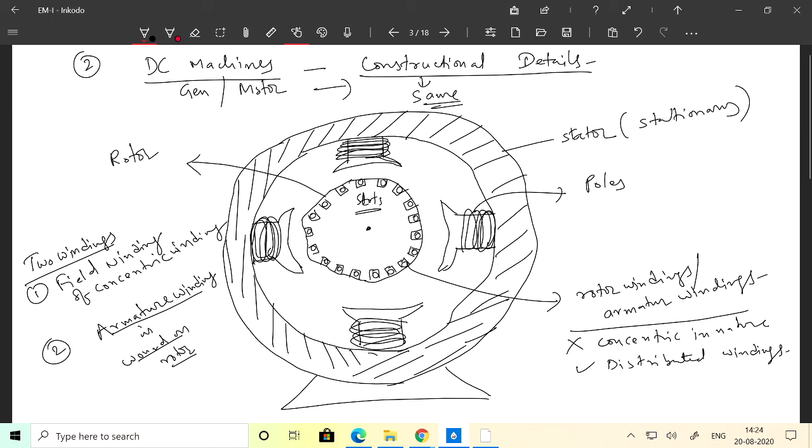Now we are going to connect these windings in such a way that we will be connecting one to the other and take the leads outside, such that it will form north pole.